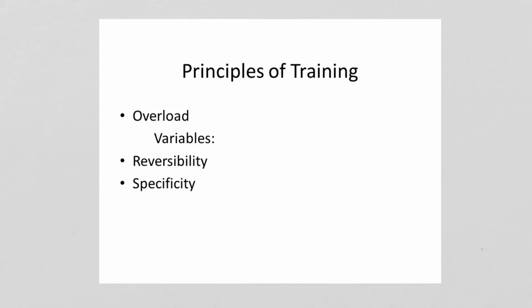Next is duration, which is the amount of time you spend. The longer the duration, in general, the greater your adaptation, or the greater the overload. And then frequency, either the number of days per week or even the number of workouts per day if you do more than one per day. To achieve an overload, you can increase the intensity, the duration, or the frequency.